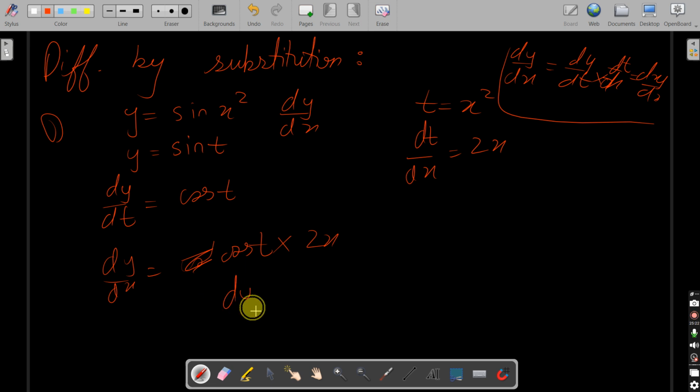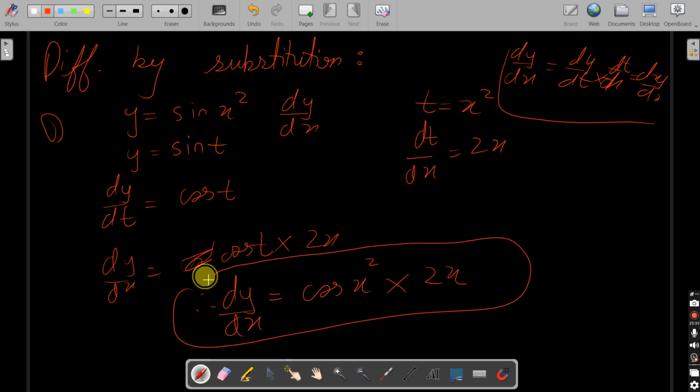So dy by dx becomes cos x square into 2x. This is our answer. As this was not sin x but sin x square, we had to do such a complex thing. But this is not complex to be honest, but still we have to take a long path to get this answer.